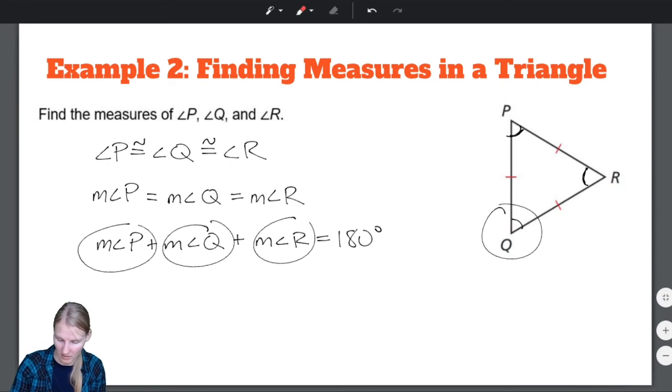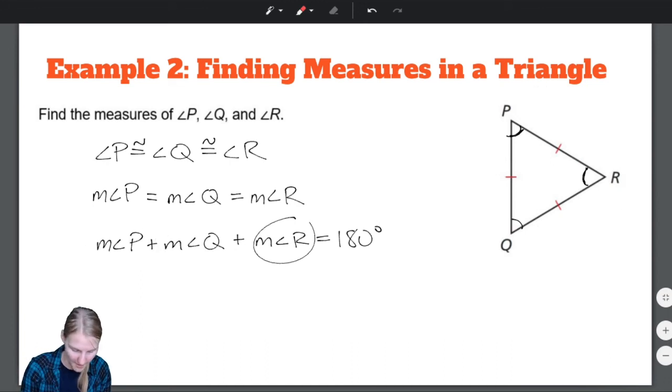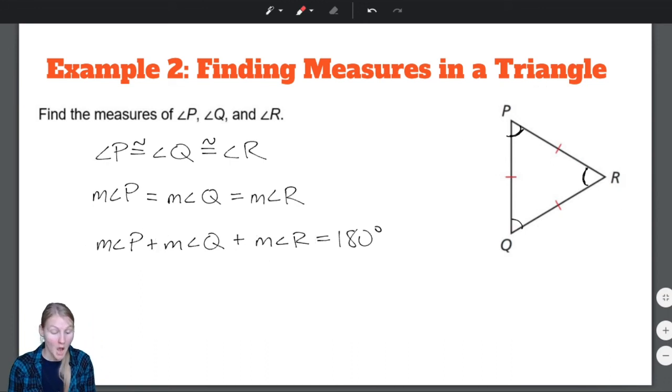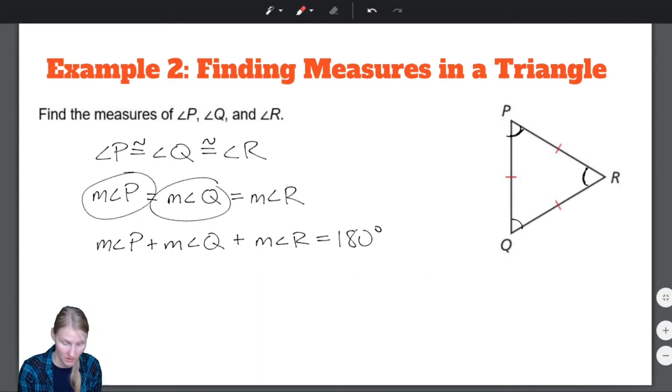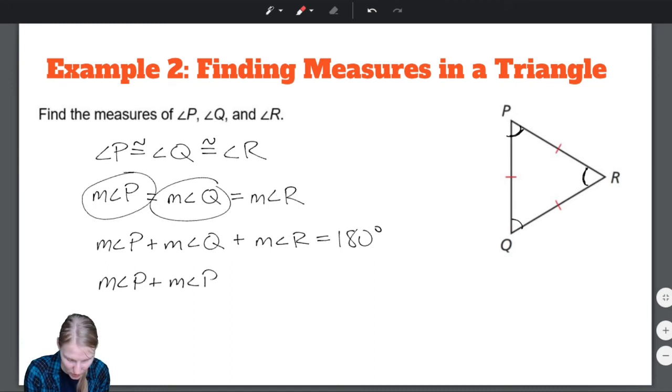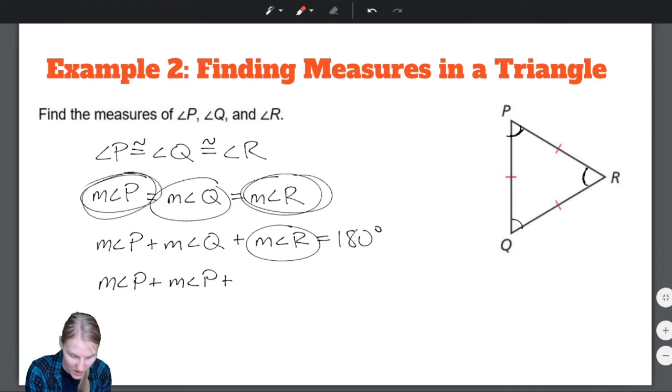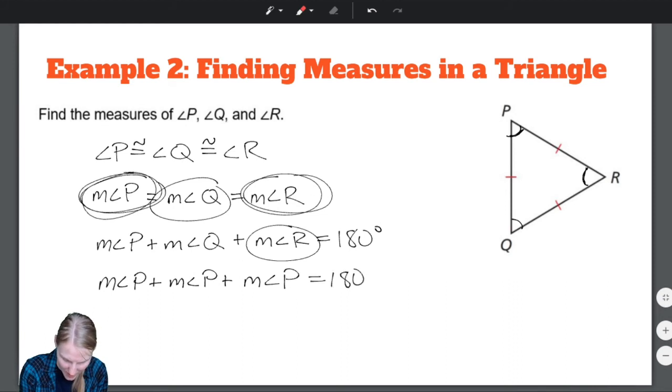We remember that from 5.1. Okay, but Q is the same as P. So we can just say the measure of angle P plus the measure of angle P plus the measure of angle R, which is also the same as the measure of angle P. So we can replace this with the measure of angle P.